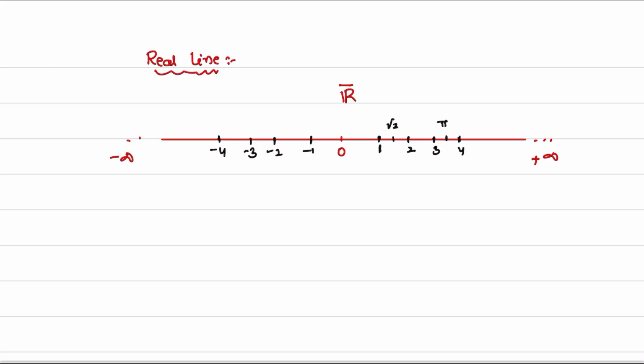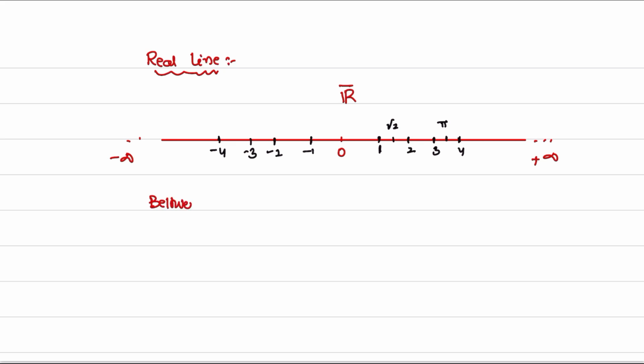On the real line, there will not be any gap. It's a continuous line. There will be some number between 1 and 2. There may be infinite numbers. They may not be integers, they may not be whole numbers. They can be irrational numbers, they can be rational numbers. But an infinite number of numbers are there between two real numbers. Because you see, between 1 and 2, for example, you try to understand this one, it's a very important concept.